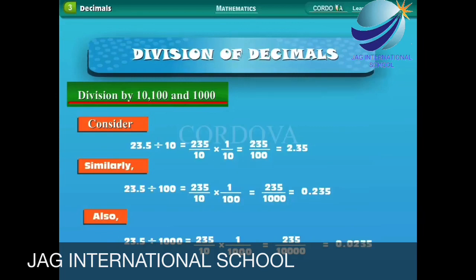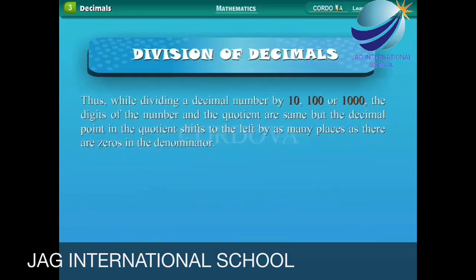0.0235. Thus, while dividing a decimal number by 10, 100 or 1000, the digits of the number and the quotient are the same, but the decimal point in the quotient shifts to the left by as many places as there are zeros in the denominator.